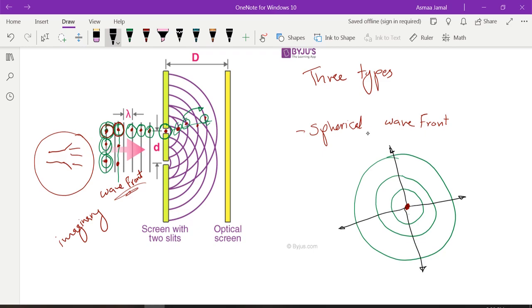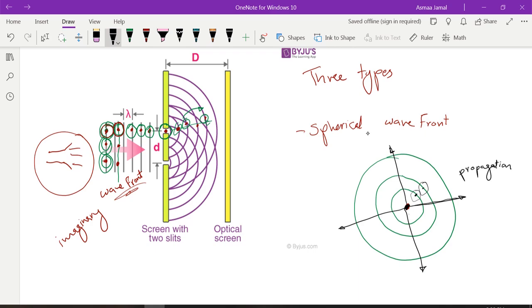And again, this one will be a source for a point here, and this one also will be a source for another one here, and so on. The spread of light, we call it the propagation. Propagation again means the spread of light.